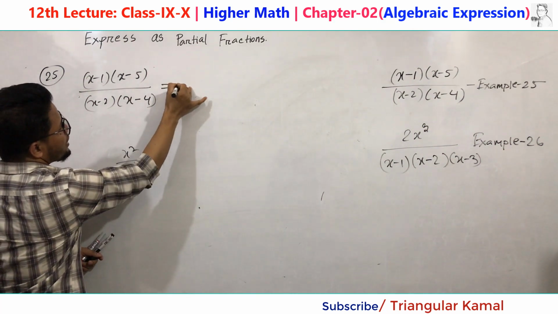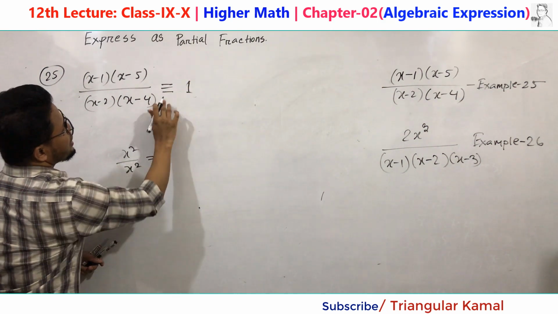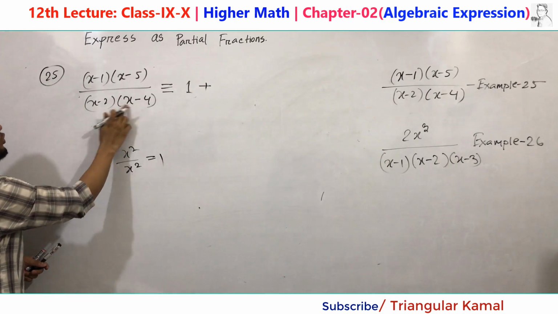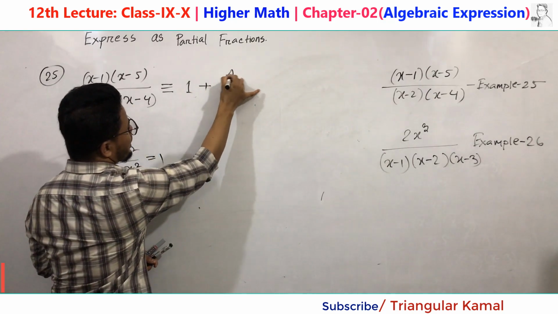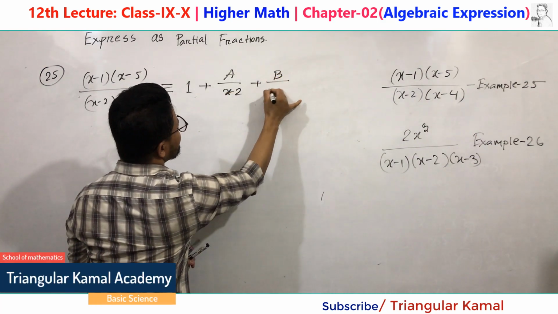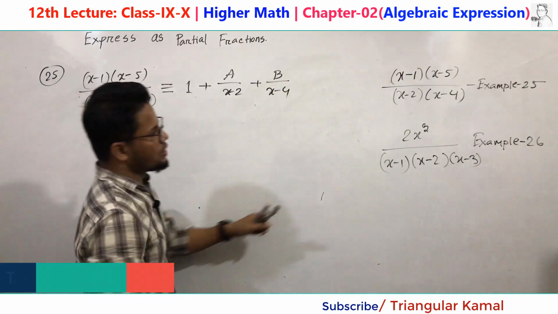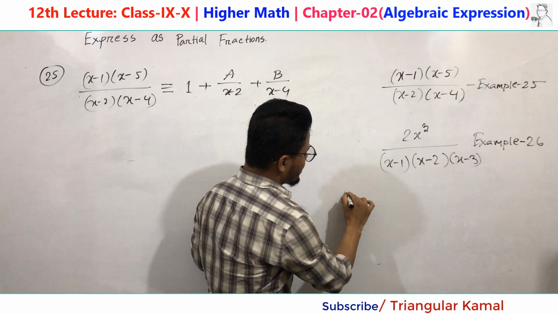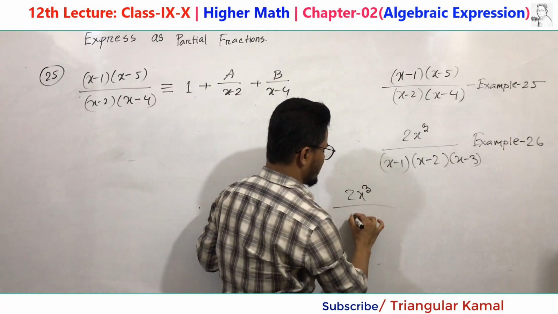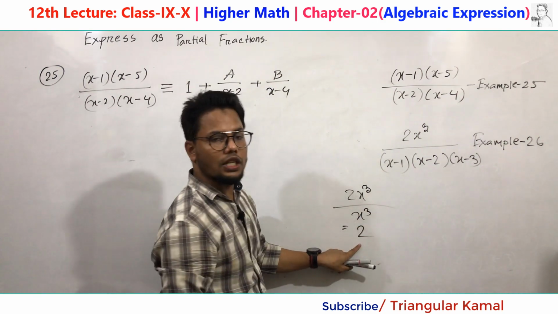So you have to write here equivalence with 1. Then how many factors here? 2 factors. Then A divided by the first factor, then B divided by the second factor.